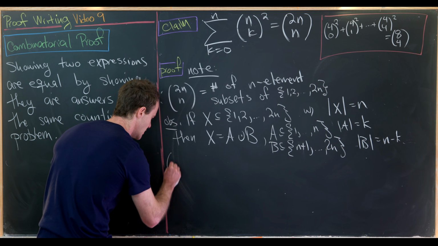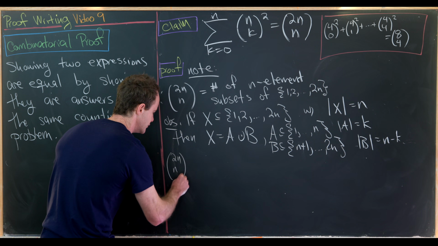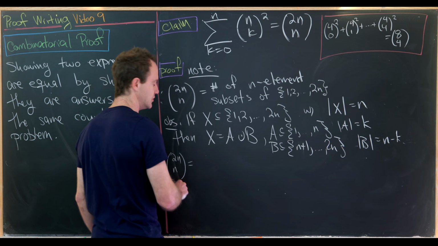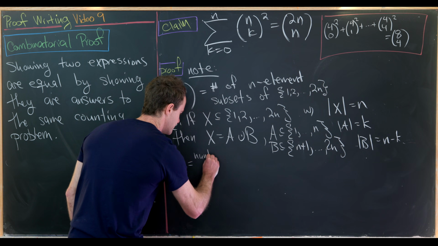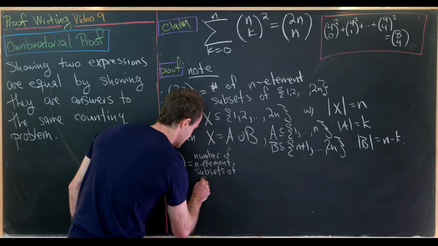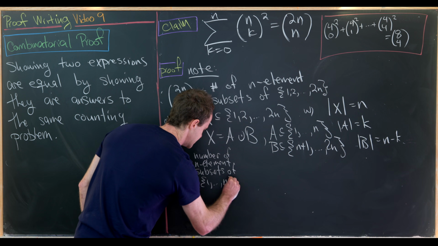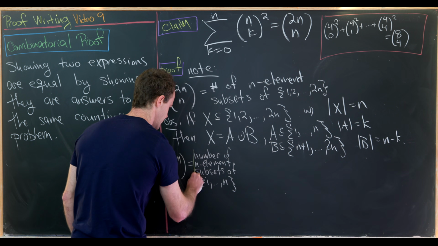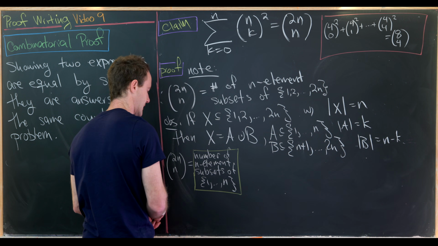So let's do it here. We have 2n choose n is equal to the number of n element subsets of 1 up to 2n. Okay, let's maybe put a yellow box around that.